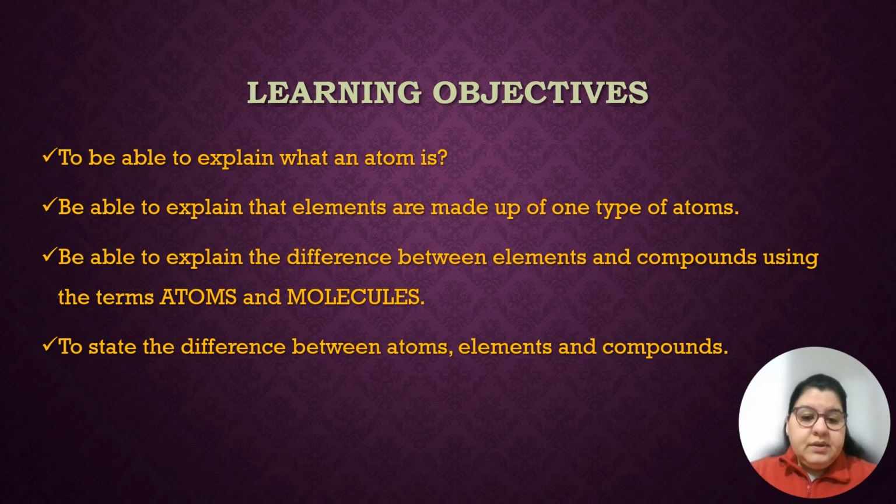You should be able to explain the difference between elements and compounds while using the terms atoms and molecules. And finally, you should be able to state the difference between atoms, elements, and compounds. Okay, are we clear? Let's move ahead.